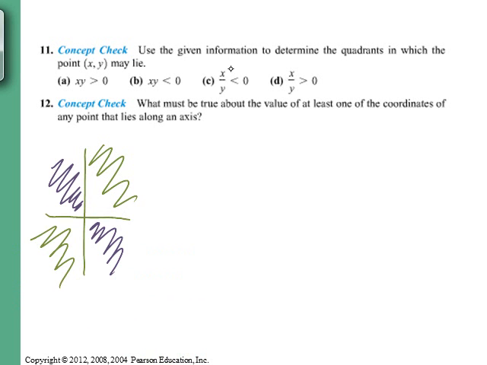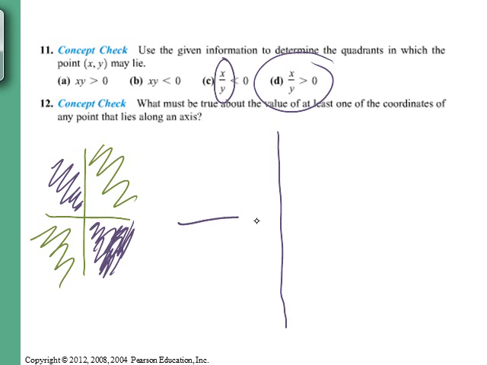The next one, divided by. When you see divided by and it's less than 0, that'll fit into the same category, these two quadrants, and then being greater than 0 is back to the ones that I shaded in green. Let's look at the next set. What must be true about the value of at least one of the coordinates if it lies along the axes?